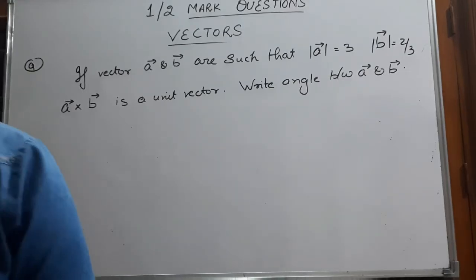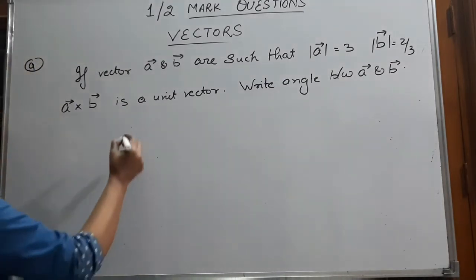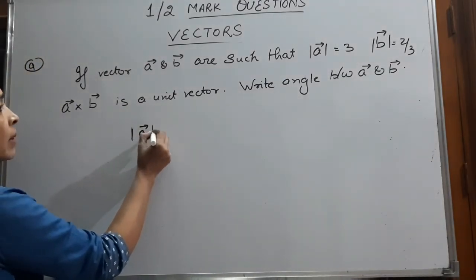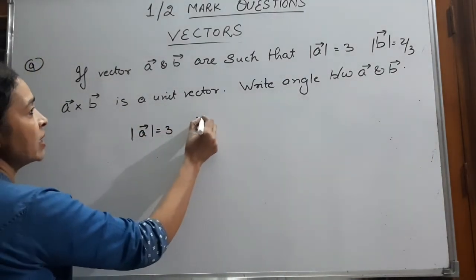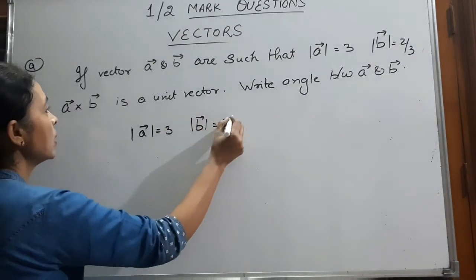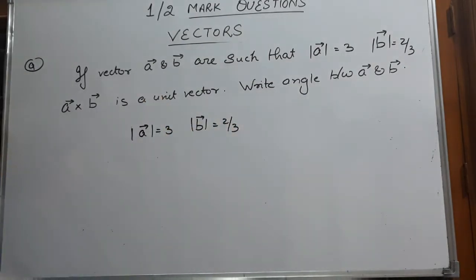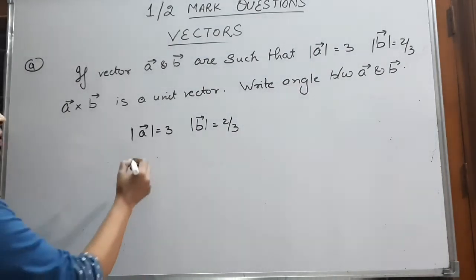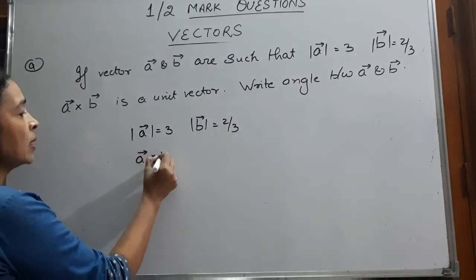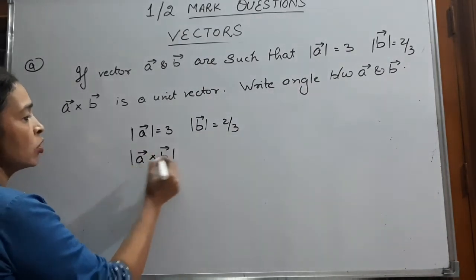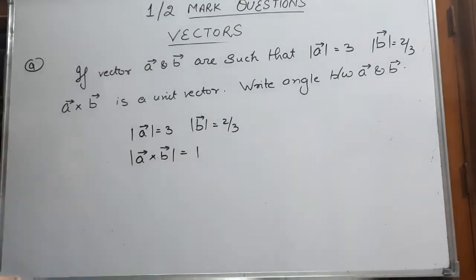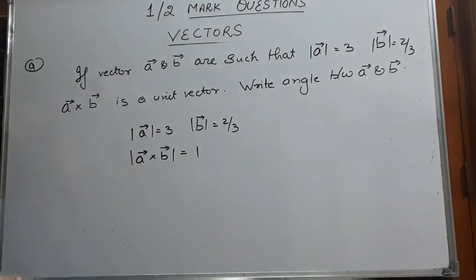If vectors A and B are such that the magnitude of A is 3, the magnitude of vector B is 2 by 3 and vector A cross vector B is a unit vector. What does this mean? The magnitude of vector A cross vector B is 1 because it is a unit vector.